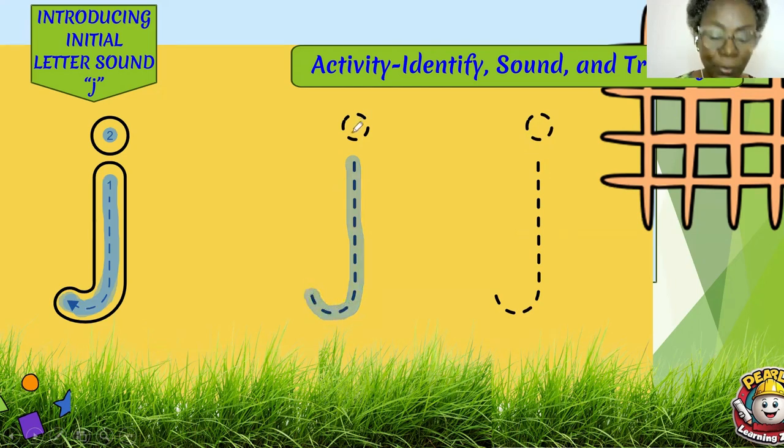Go back right up on top of it and give it a dot. Let's do it again. Over it from the top right to the bottom. Give it a flick to the left and go back up and give it a dot.